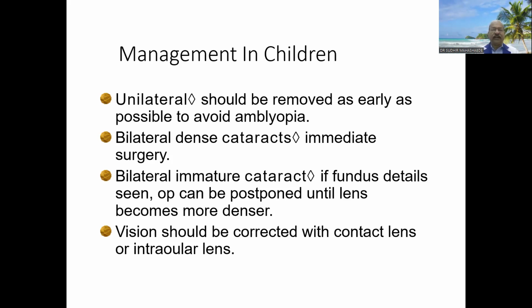We remove the cataract so that the visual stimulation starts developing, and the correction is made with the help of a contact lens. Or we explain to the parents that we might have to exchange the lens or put an additional lens inside, which is also a way to treat these types of cataracts.